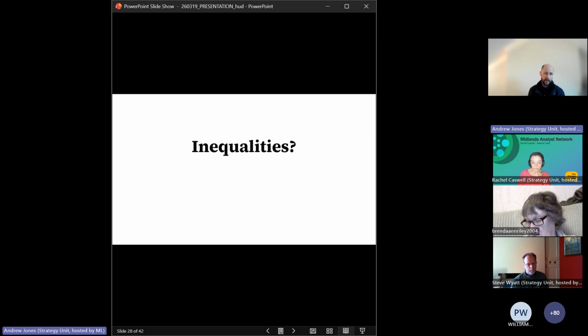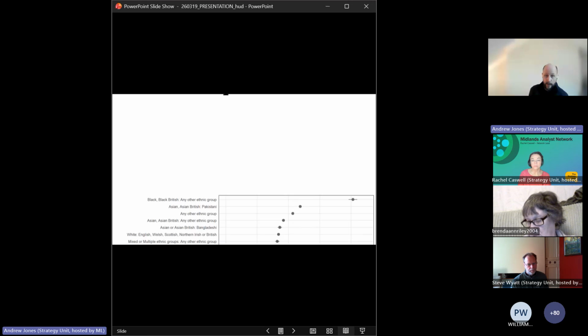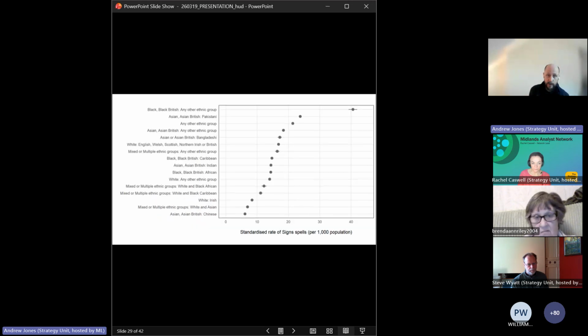So here I'm showing standardized rates for females. The ONS group, Black, British, other, had a relatively high rate of sign spells compared to the white British group. It was twice and 3 times that of the white group for females and males respectively.